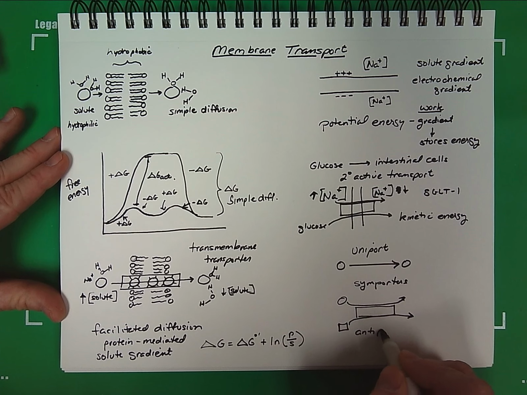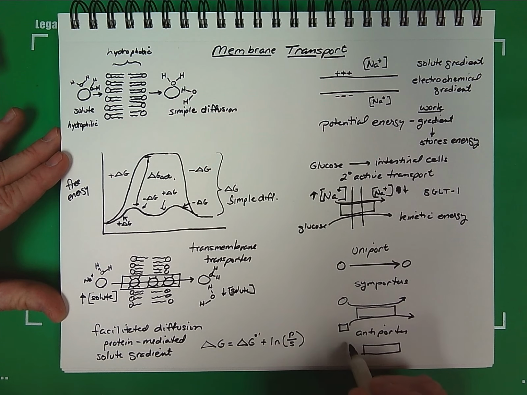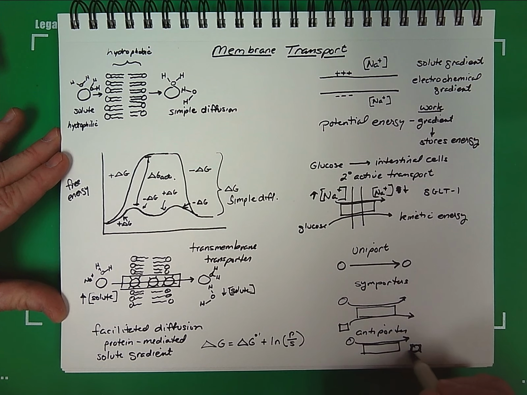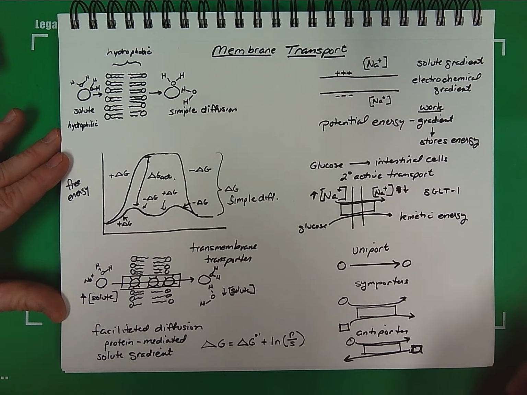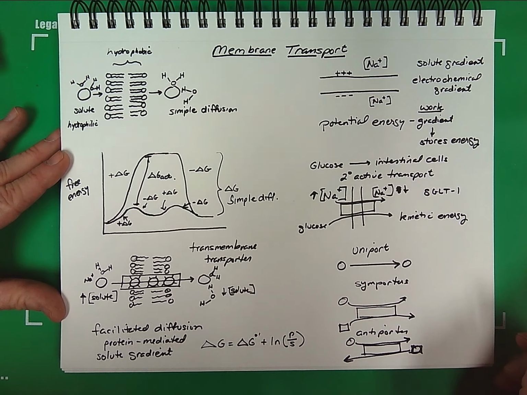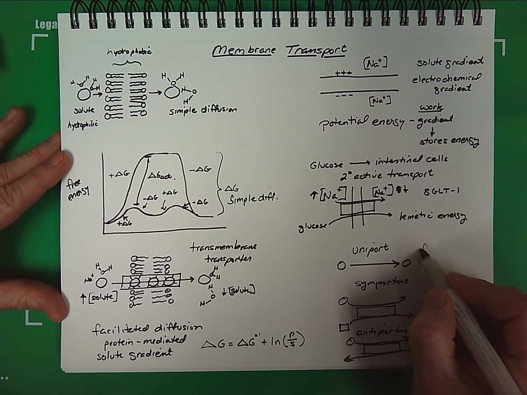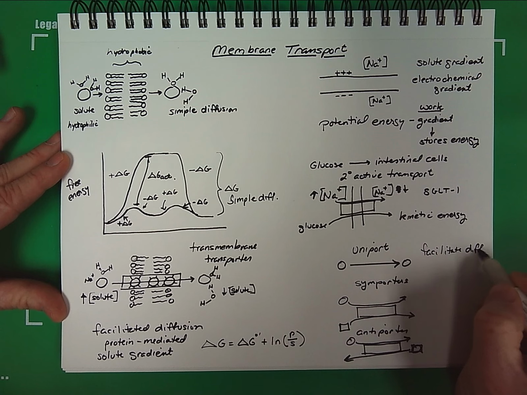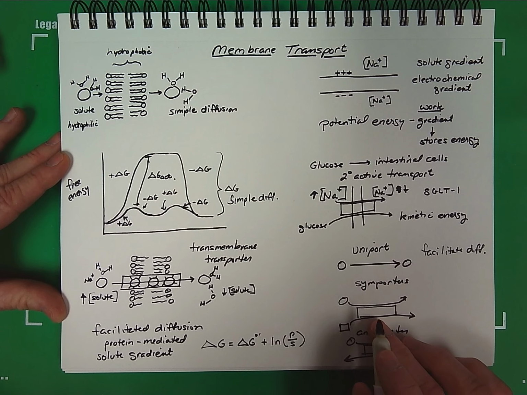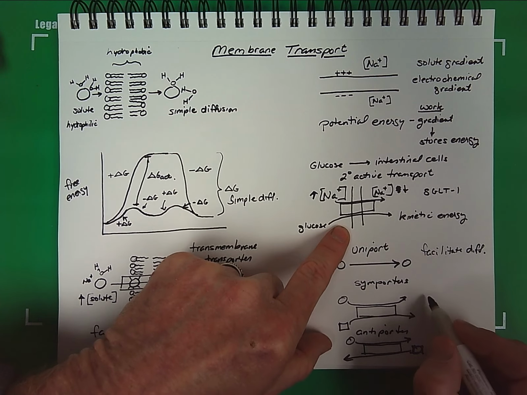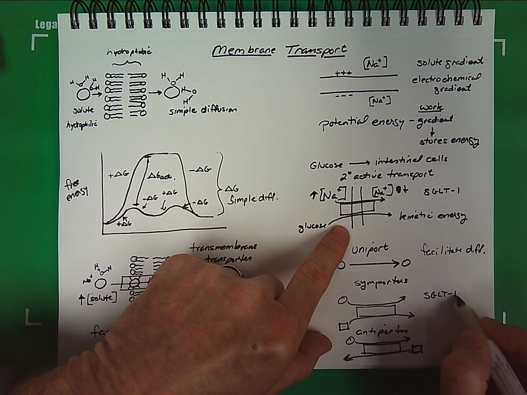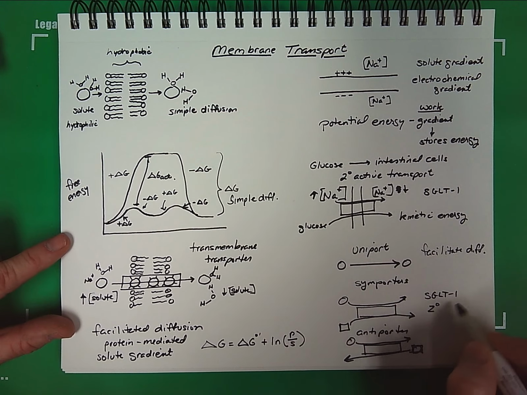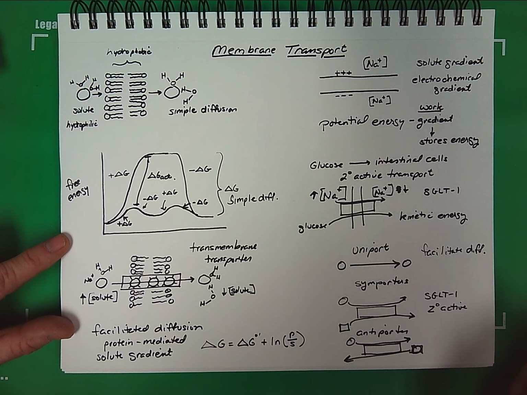Or we can have an antiporter. An antiporter is simply a transporter that will move solutes in opposite directions. Examples for these: uniport is typically facilitated diffusion. Symporters, a good example of this is our SGLT1. This is typically a secondary active transporter.